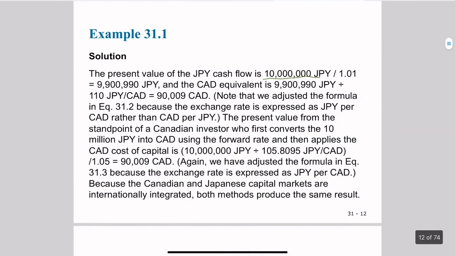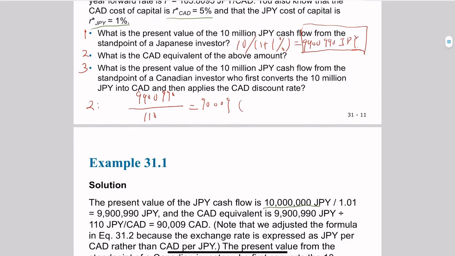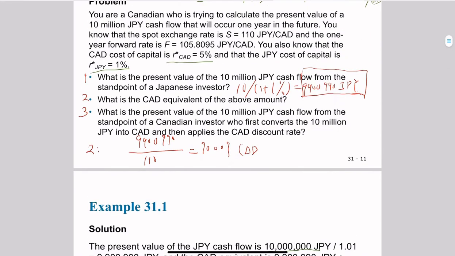It should be 90009 CAD. So again, you have to pay attention to the units, right? Because here you want to exchange JPY into CAD, and the exchange rate is expressed in how many JPY per 1 Canadian dollar, right? So you should use this JPY amount divided by this 110.